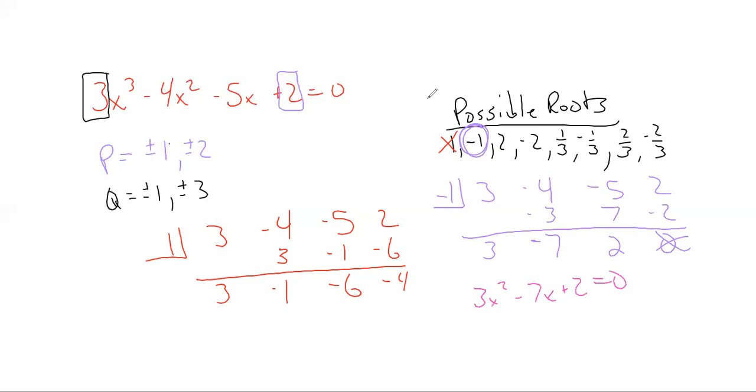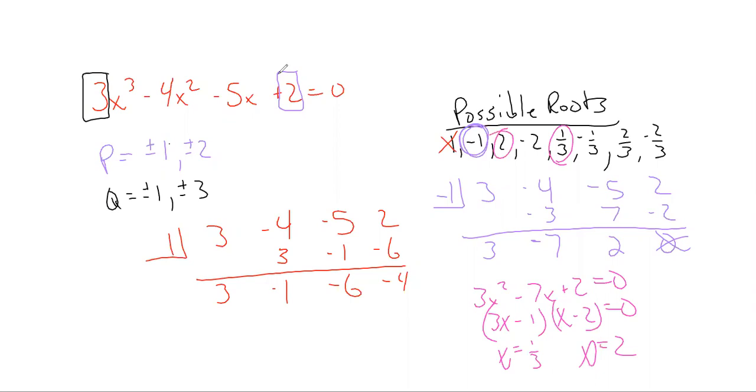If I factor this thing, I'm going to get 3x minus 1 times x minus 2. Well, if I solve this, I'm going to get x is equal to 1/3. And I can check. Hey, that's a possible root. We're good to go. And here I get x equals 2. Hey, it works too.